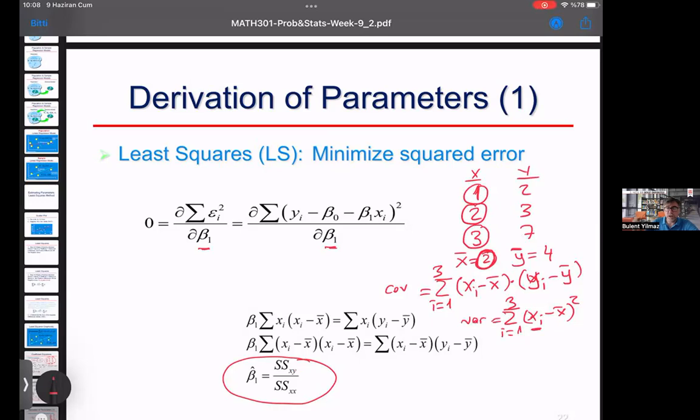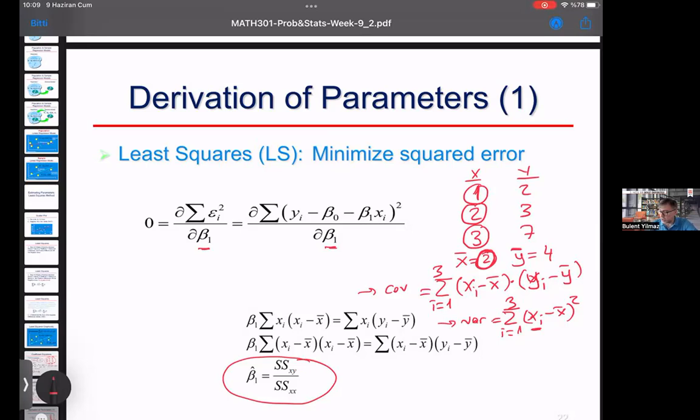There are divisions by n minus 1, but they will cancel each other out. That's why we can easily find our covariance and variances using these formulations. In Excel you can write some functions to find those variances and covariances easily.